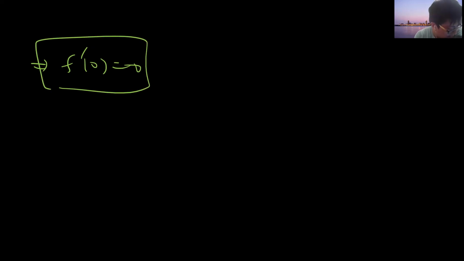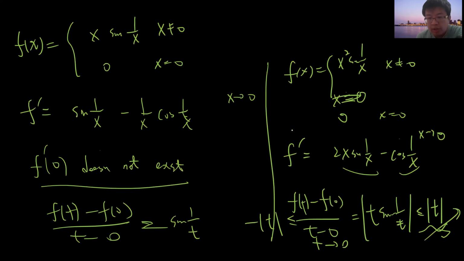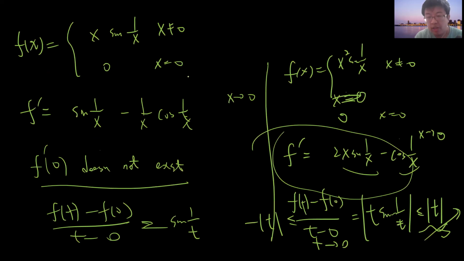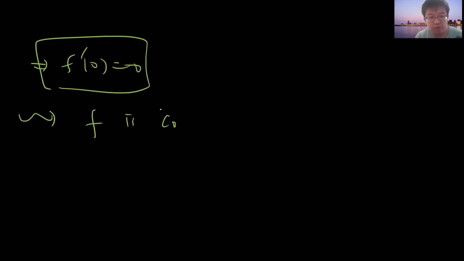Now you see why f and f prime do not coincide. By definition, if x approaches 0, this also approaches 0, so f is continuous, and not only continuous but differentiable everywhere.